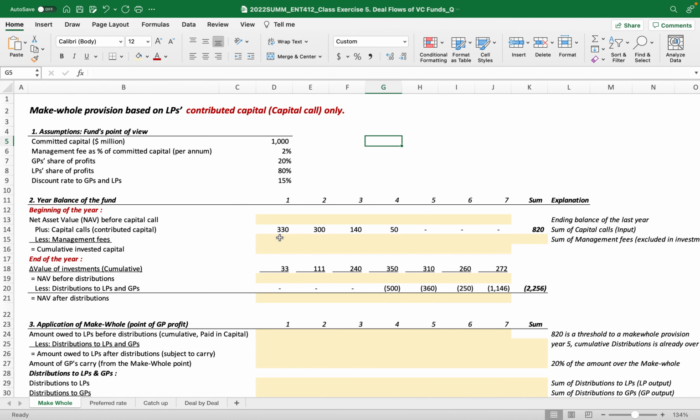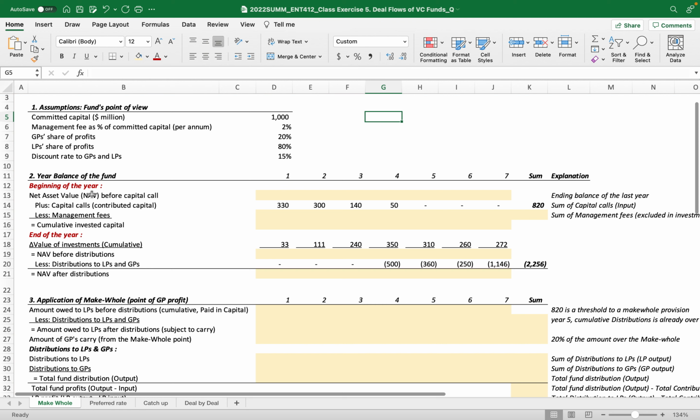Here, the first case is make-whole provision based on LPs. We have the assumption part: committed capital, management fee percentage, GP and LPs profit shares, carried interest, and then the discount rate of GP and LPs, 15%, let's say. And then the yearly balance of a fund, we have two parts, beginning balance and ending balance, right, in a year.